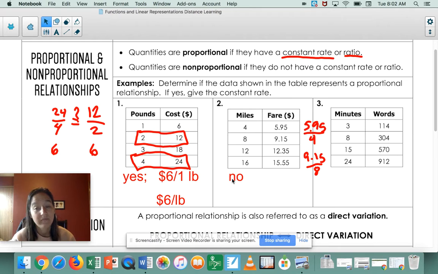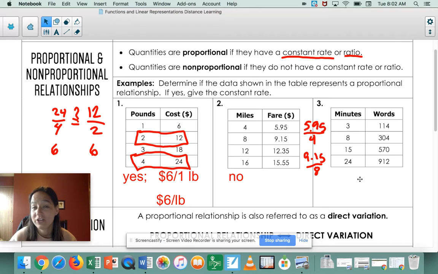And then I'm looking at number 3, and I want you to try it. So go ahead, pause, tell me, does it have a constant rate? If so, what is it? And so is it proportional or not? Hopefully you did it. Okay. And you've hit play.